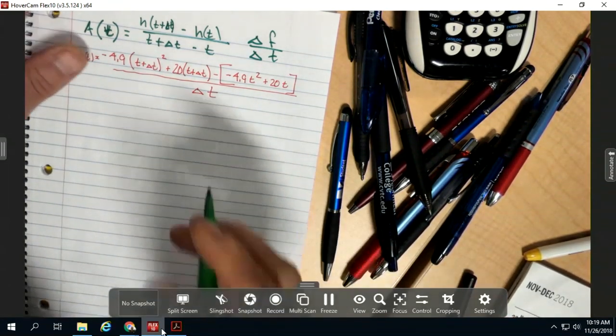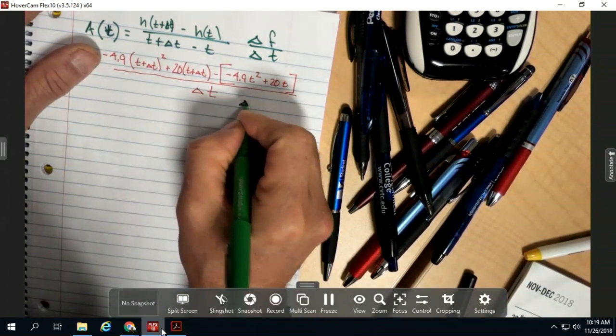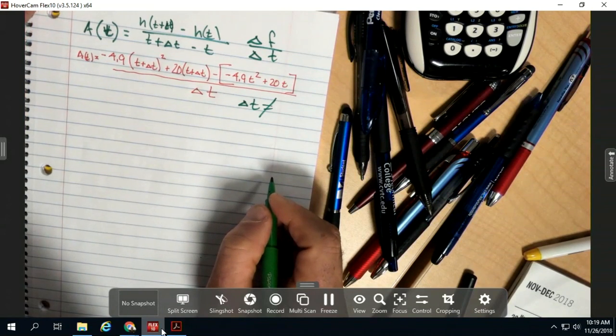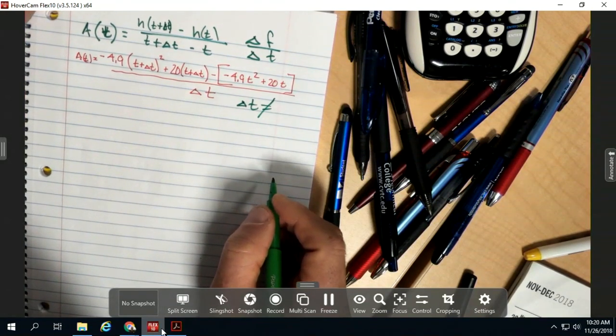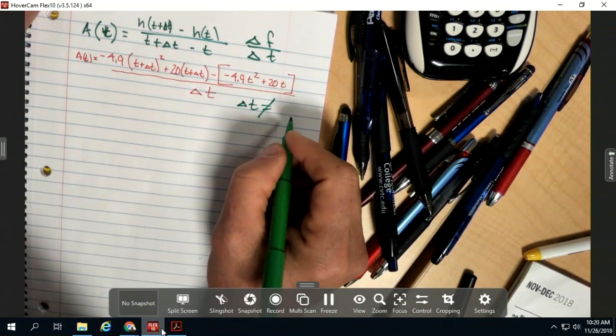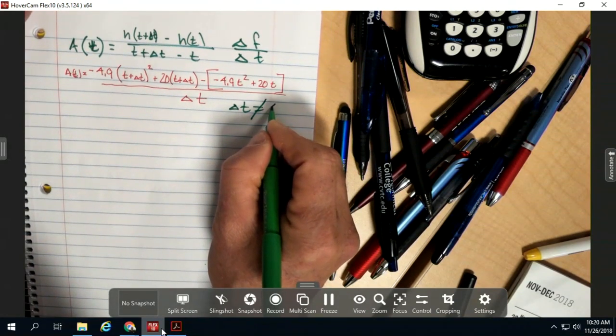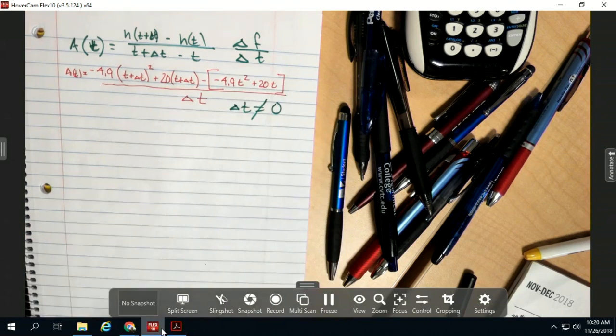What is the domain? Delta t does not equal, it's the only thing delta t can't be, zero, right? Does this make sense in the context of our rate of change?